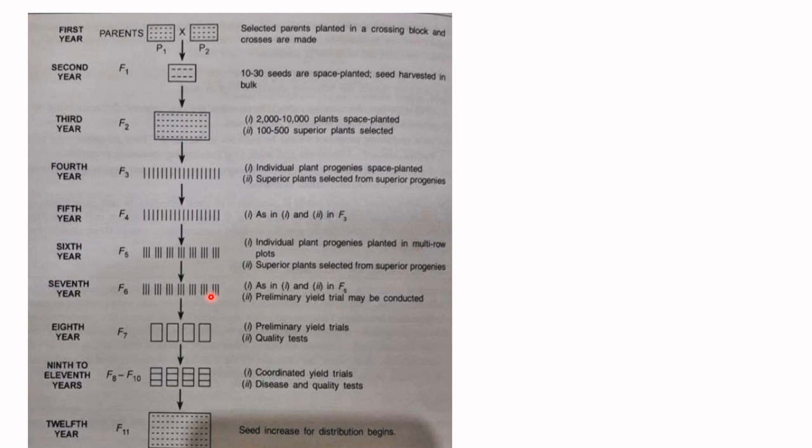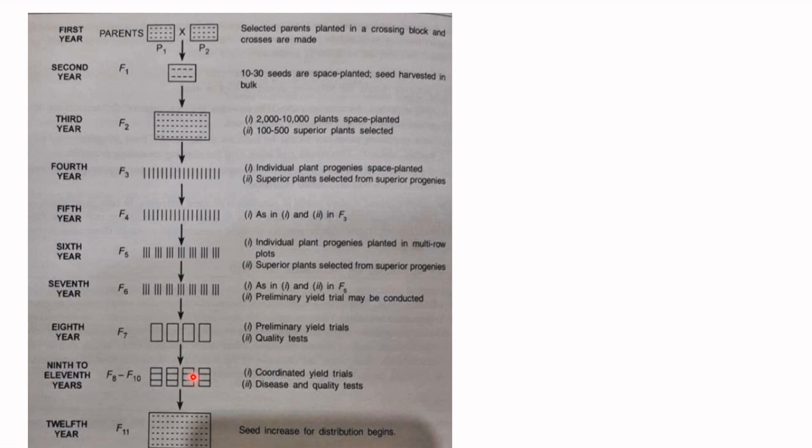And F6 also the same thing. And in F7 generations, the selected lines are going to be tested against a control in several replicates, 4 replicates here, and quality testing is started here. Yield and yield related traits, and at the same time disease and insect resistance, can be proceeded from here.